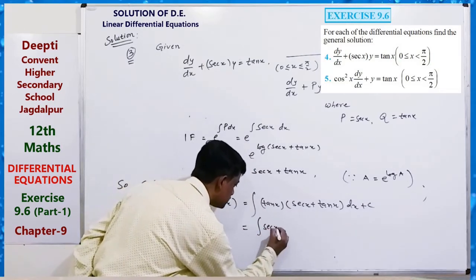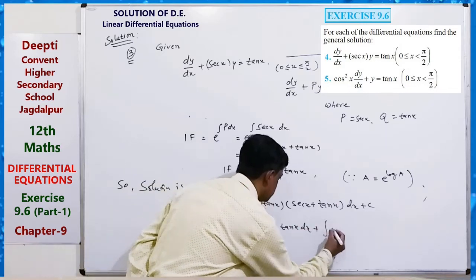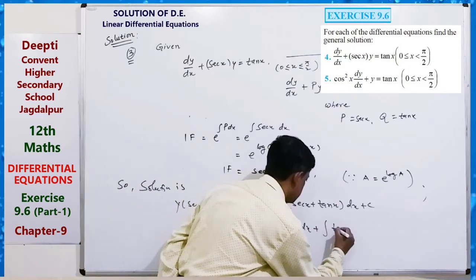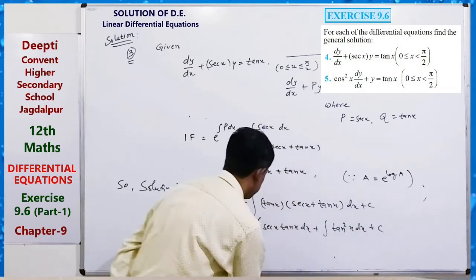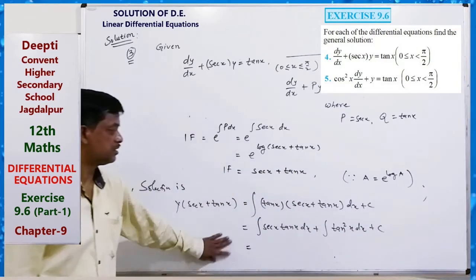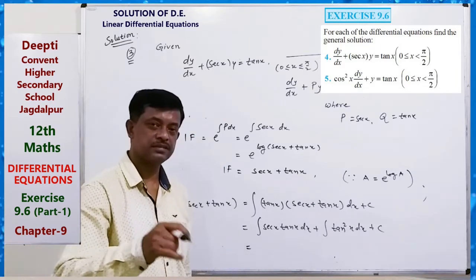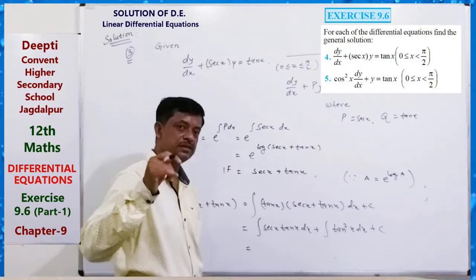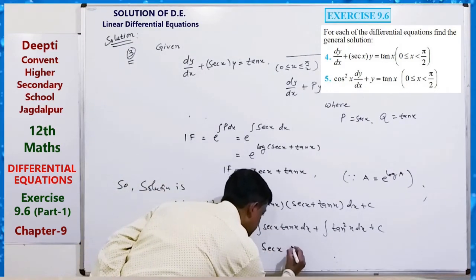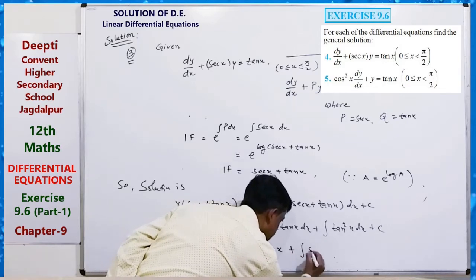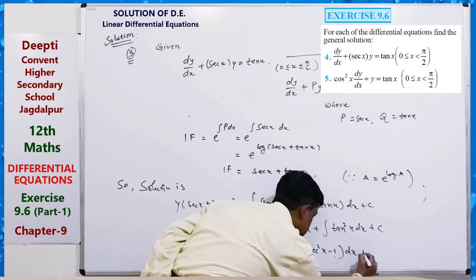First integrate sec x tan x dx plus tan square x dx plus C. The integration of sec x tan x is sec x, because the differentiation of sec x is sec x tan x. Here integration of sec square x minus 1 gives tan x minus x plus C.